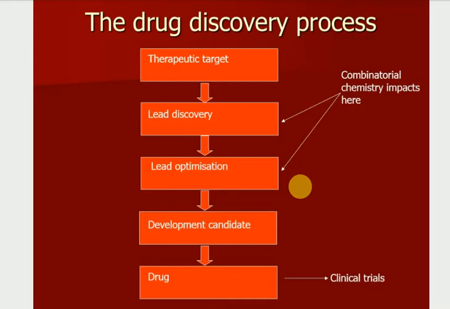We'll generate a library of 10 to the 4 compounds, all with different combinations, and we can test which is the best. So we've already worked out what our drug is basically going to look like, but then we can optimize it. We can make it better by changing lots of things at the same time and then testing using our screening approach.